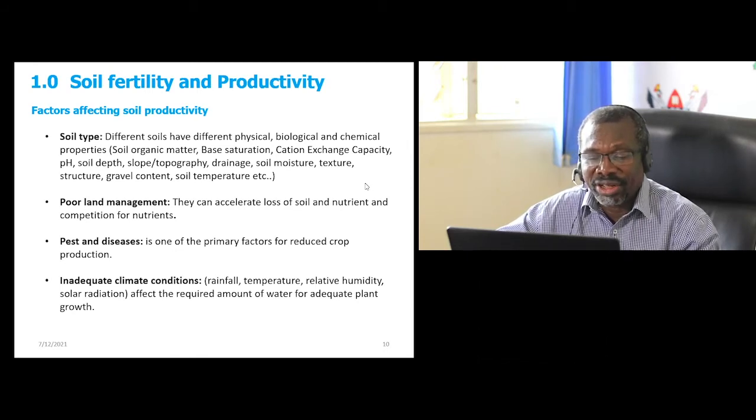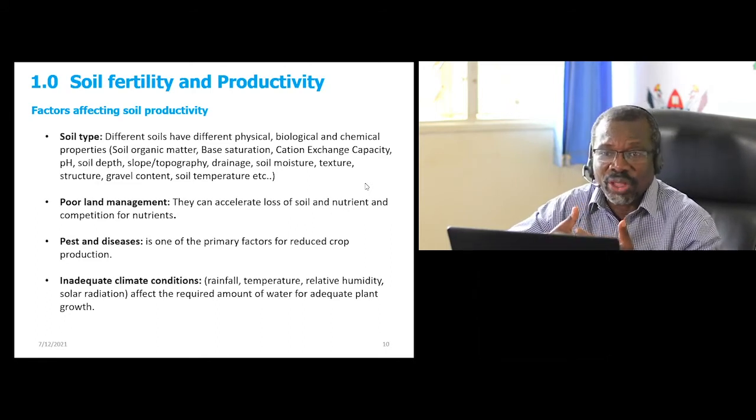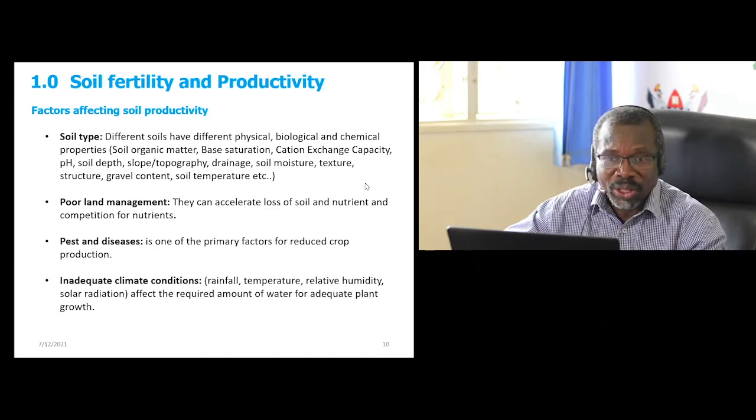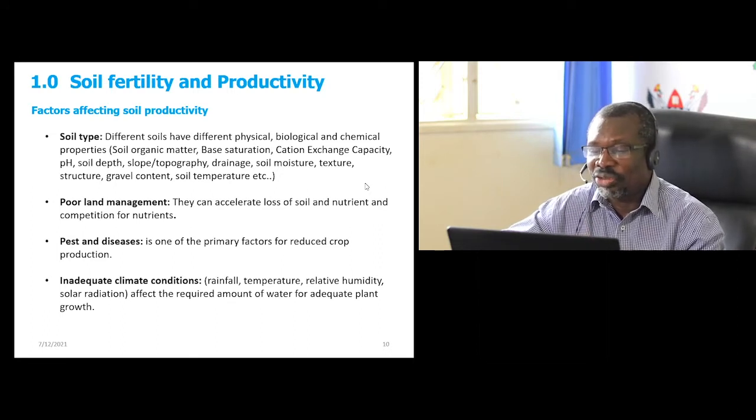And the other factor, which is also very important, is the climate. Here you look at all the different parameters of climate: solar radiation, rainfall, temperature, and relative humidity are very important in either maintaining the water level or losing the water through evapotranspiration.